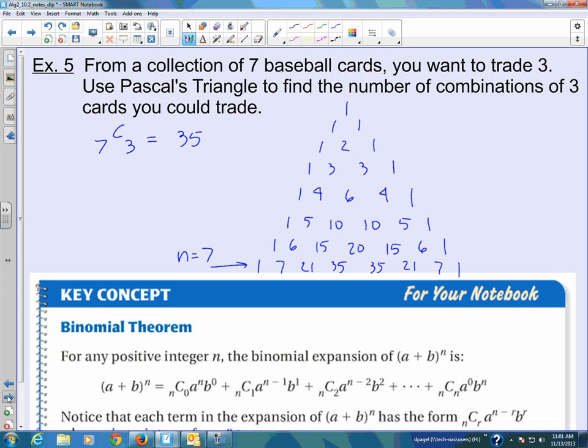In our notation, this is telling us the diagonal 3. Again, this is diagonal 0, diagonal 1, diagonal 2, diagonal 3. So we're looking in that diagonal for row 7, and we would end up with a 35.